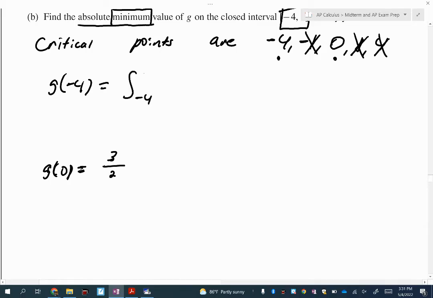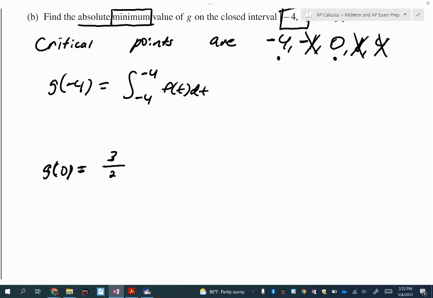So let's do g of -4. That's the integral from -4 to -4 of your f of t function. Let's see if you remember a property about integrals. What is the value of the definite integral if your limits of integration are the same? Do you see how the limits of integration are the same?